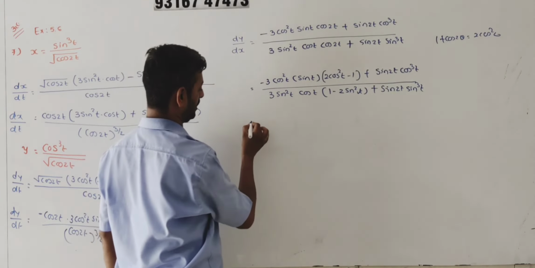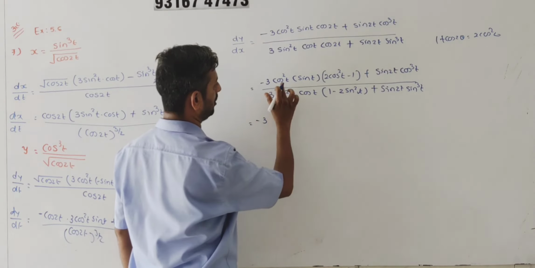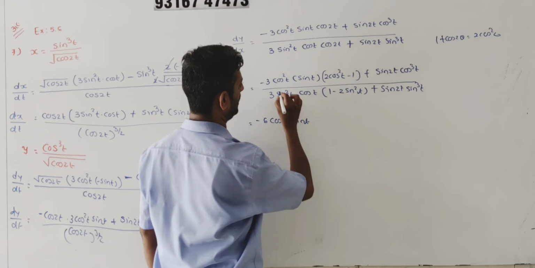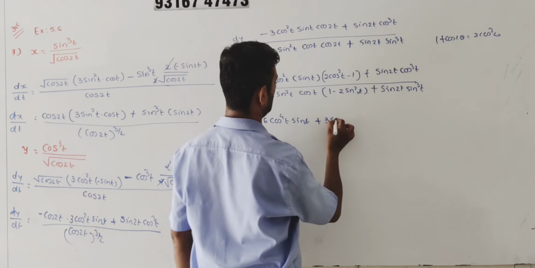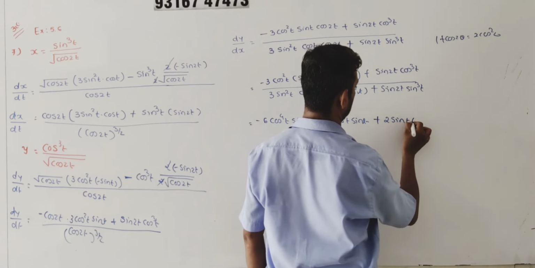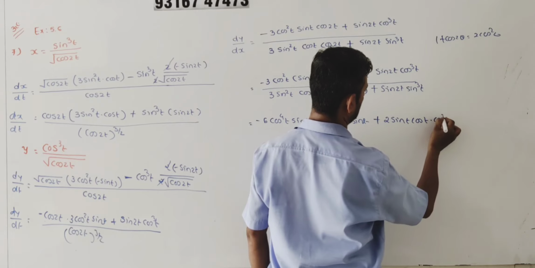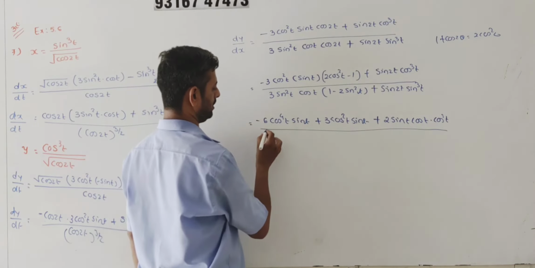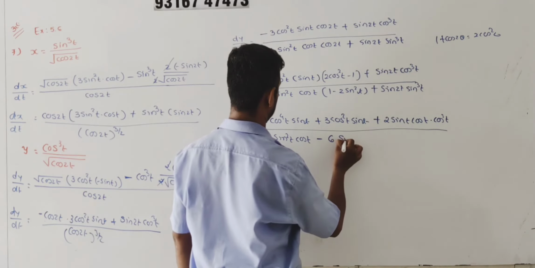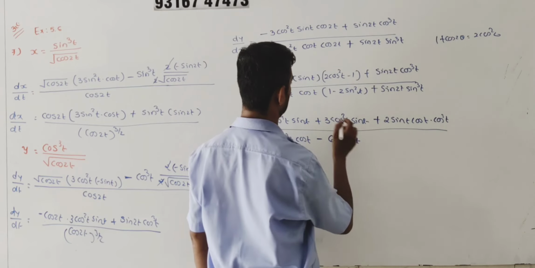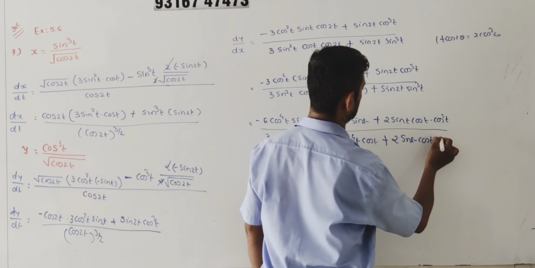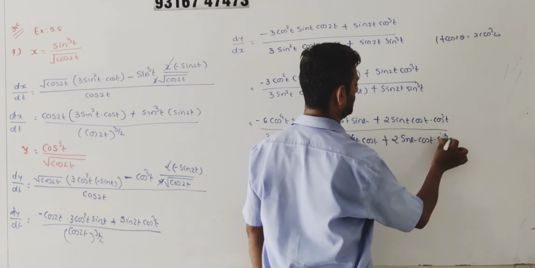Now we are multiplying. So this is minus 3 cos raised to 4, so 6 cos raised to 4 t sin t, minus minus plus 3 cos square t sin t plus 2 sin t cos t in place of sin 2t into cos cube t, upon 3 sin square t cos t minus 6 sin raised to 4 t cos t plus 2 sin t cos t into sin raised to 3 t.